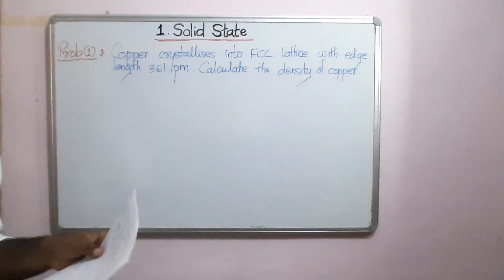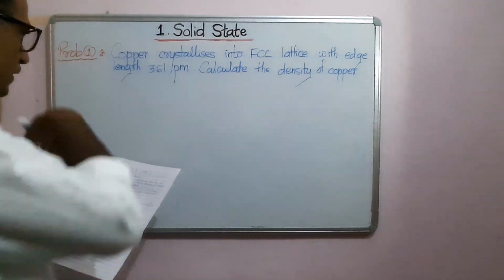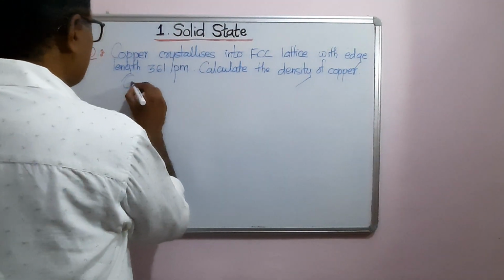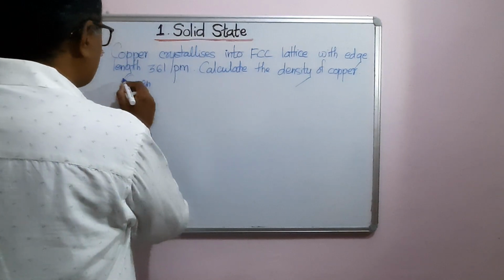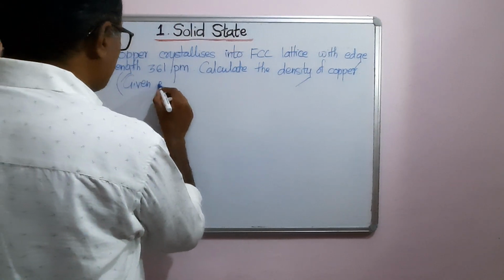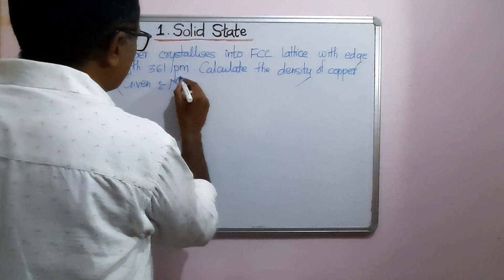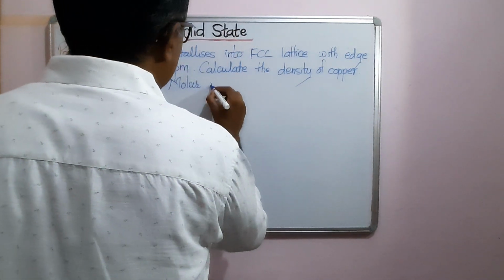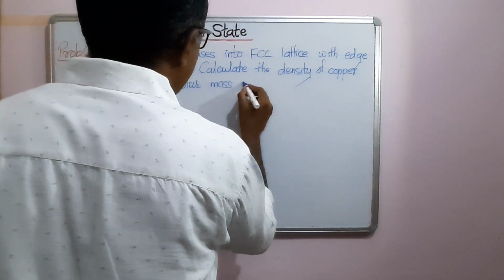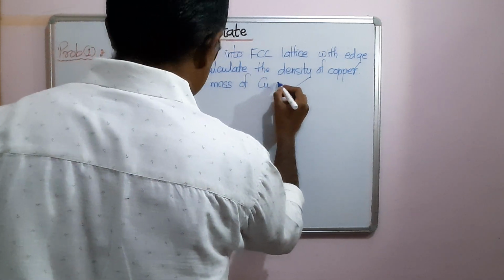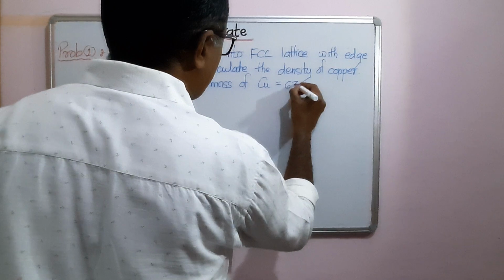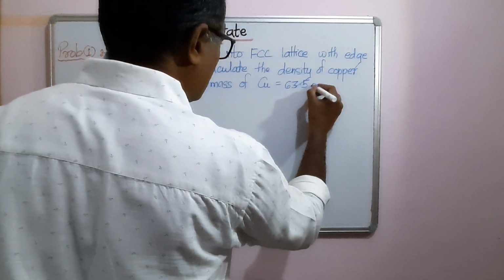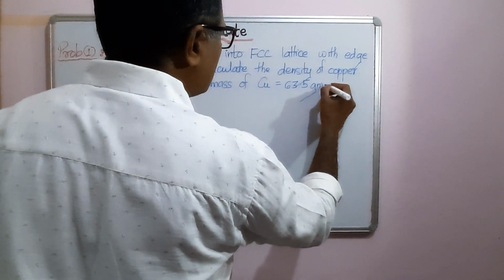First read it carefully and then see what parameters are given in the problem. So what is given? They have given the molar mass of copper, 63.5 gram per mole.